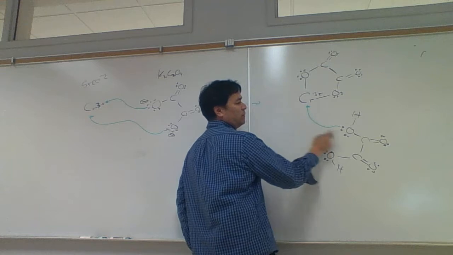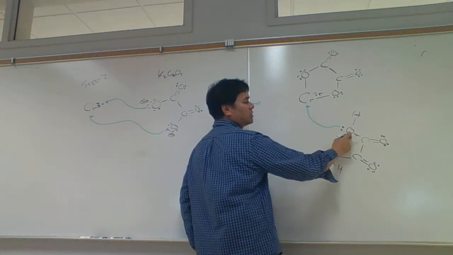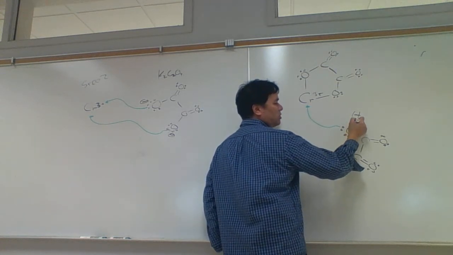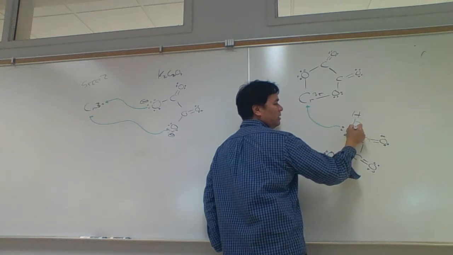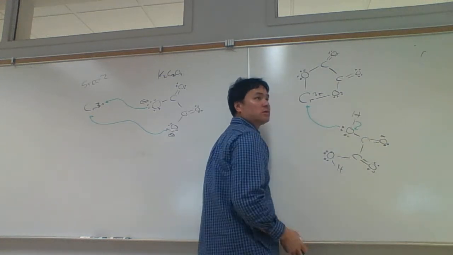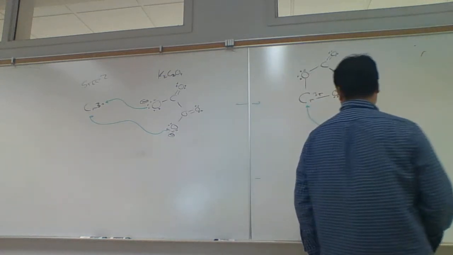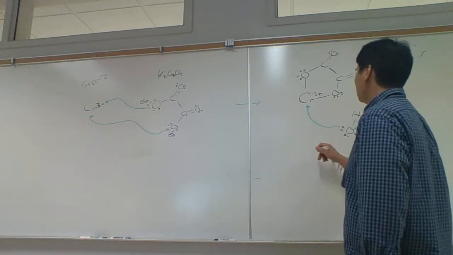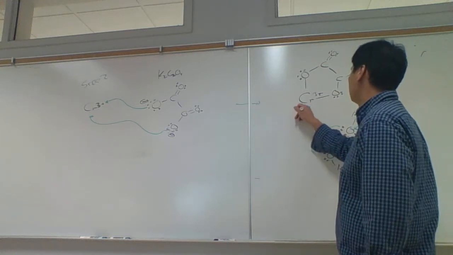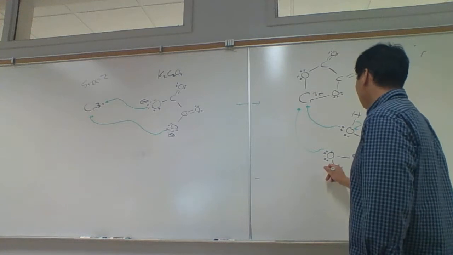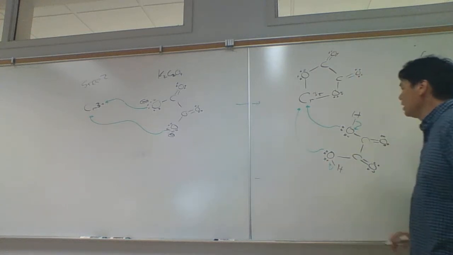But if it attacks the chromium, it throws a positive formal charge on the oxygen. To get rid of that positive formal charge, these electrons get pulled into the oxygen, kicking the hydrogen off as a proton. And so that can happen twice here, like this. And that'll kick that hydrogen off as a proton.